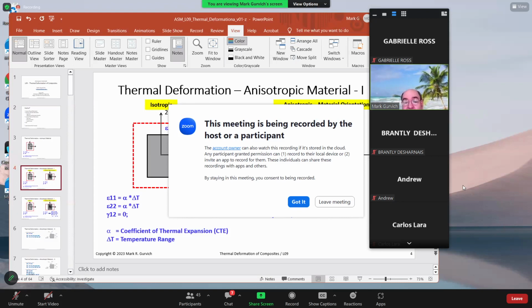So it's very reasonable to suggest that their coefficients of thermal expansion will be different in different directions. This is the reason we're using alpha 1 to describe CTE in orientation 1, and alpha 2 to describe thermal expansion in orientation 2.